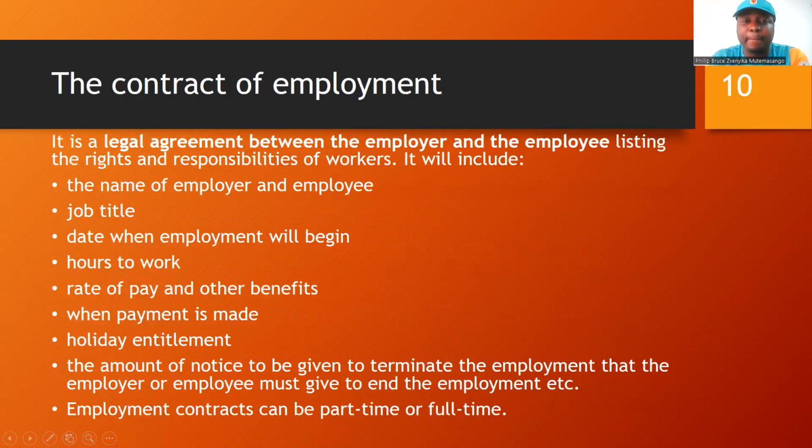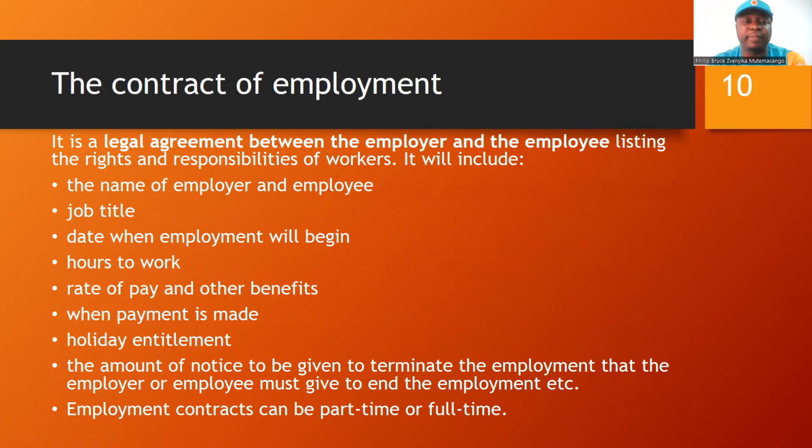And the best candidate chosen for the position is supposed to be given what we call a contract of employment. It is simply a legal agreement between the employer and the employee, listing the rights and responsibilities of workers.